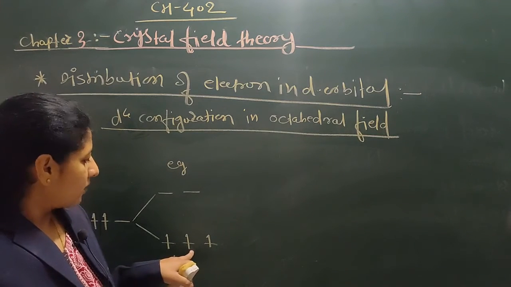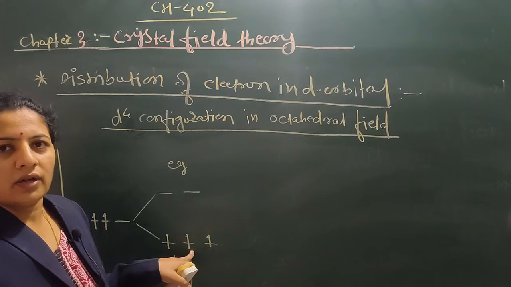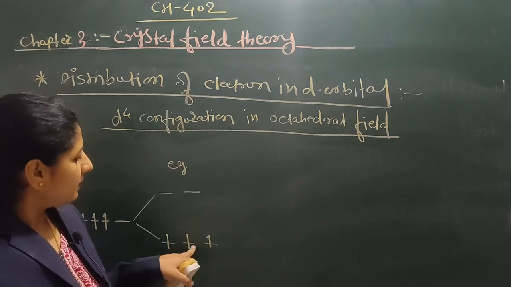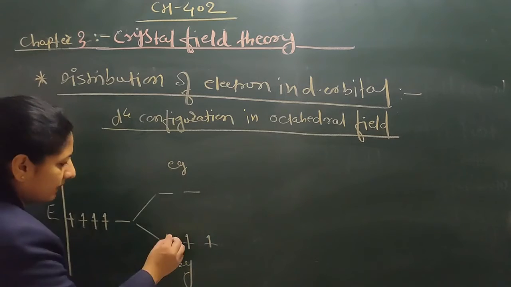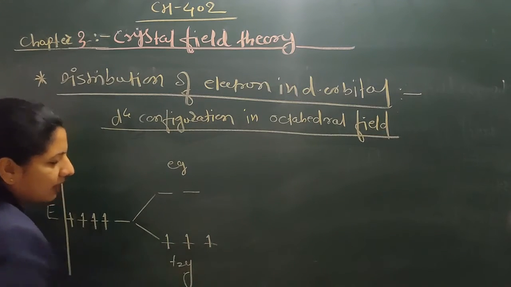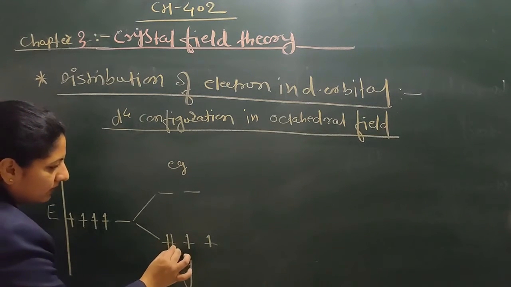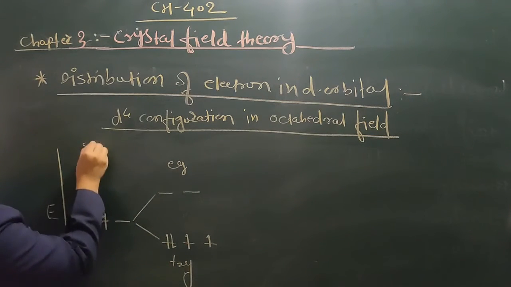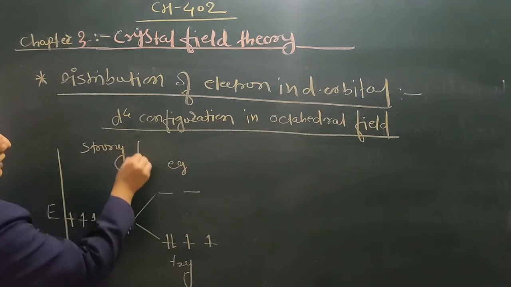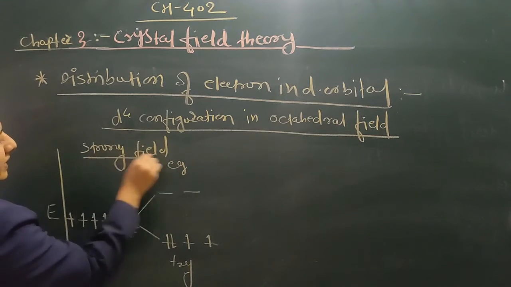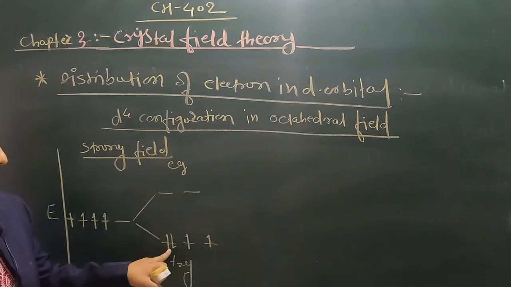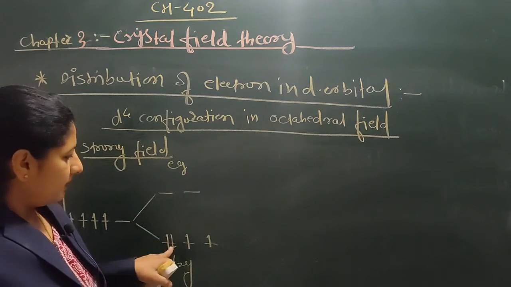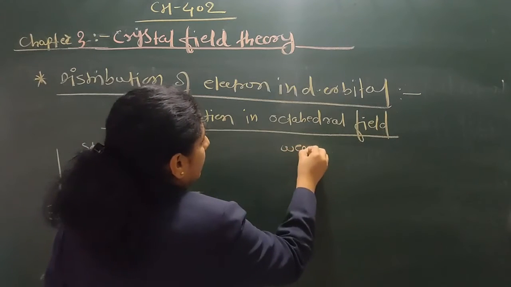The electrons first go into the lower energy level and will be singly occupied, and after that the pairing will take place. So here 1, 2, 3, and one electron remains, that is the fourth. This is for strong field, because here pairing will be done. It will not go into the Eg orbital directly. Now here, that is for weak field.